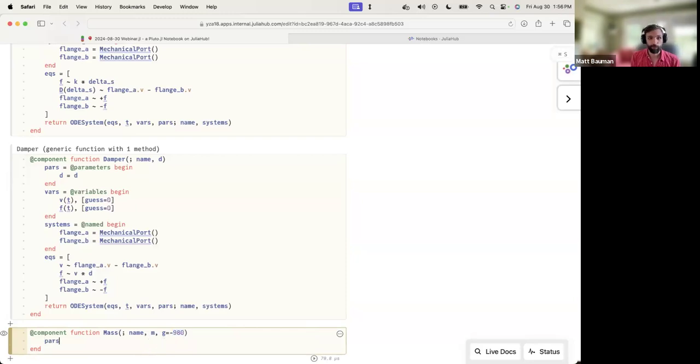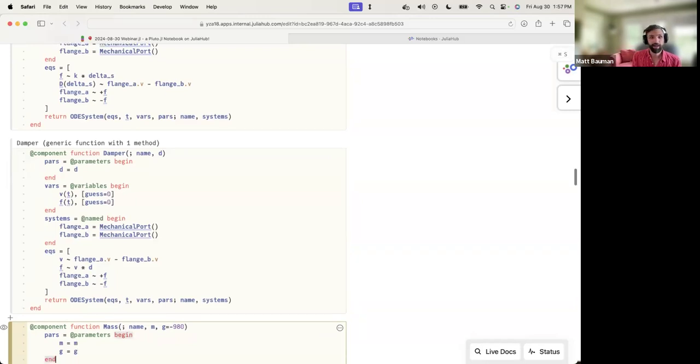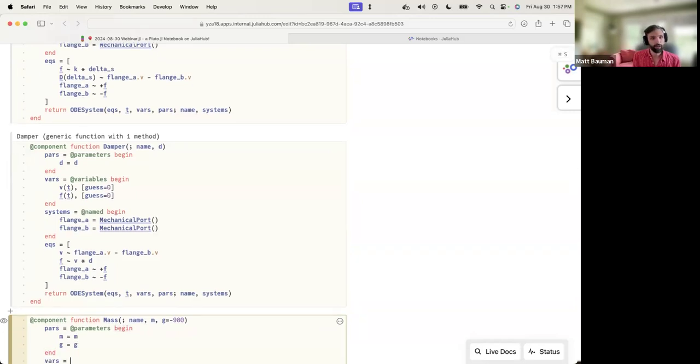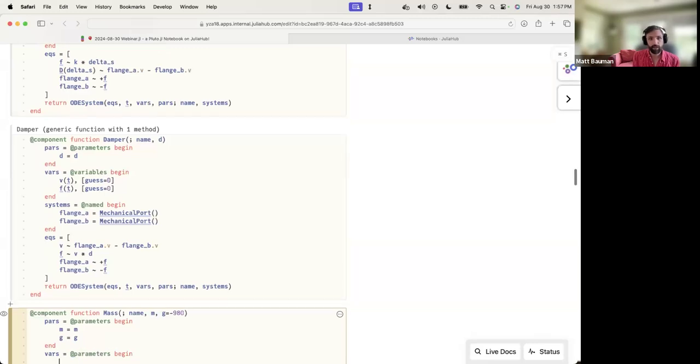So what are the parameters? Exactly the same as before. Parameters begin. Except now our parameters of our mass are the m for mass and our g for gravity. Our variables, what are the variables of our mass? Variables begin.